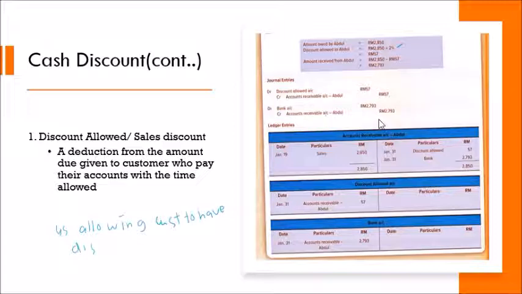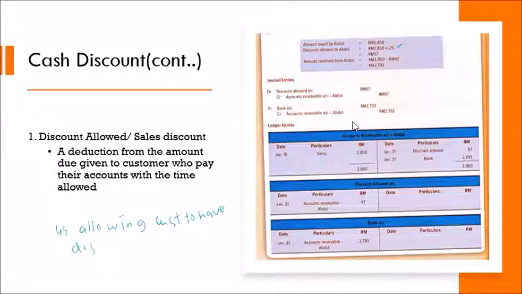Okay, so opening up the accounts that were made, we have three accounts. The first is account receivable. You record discount allowed on the credit side, 57, and record bank also on the credit side, 2,793, and the sales is recorded on the debit side, amounting to 2,850.